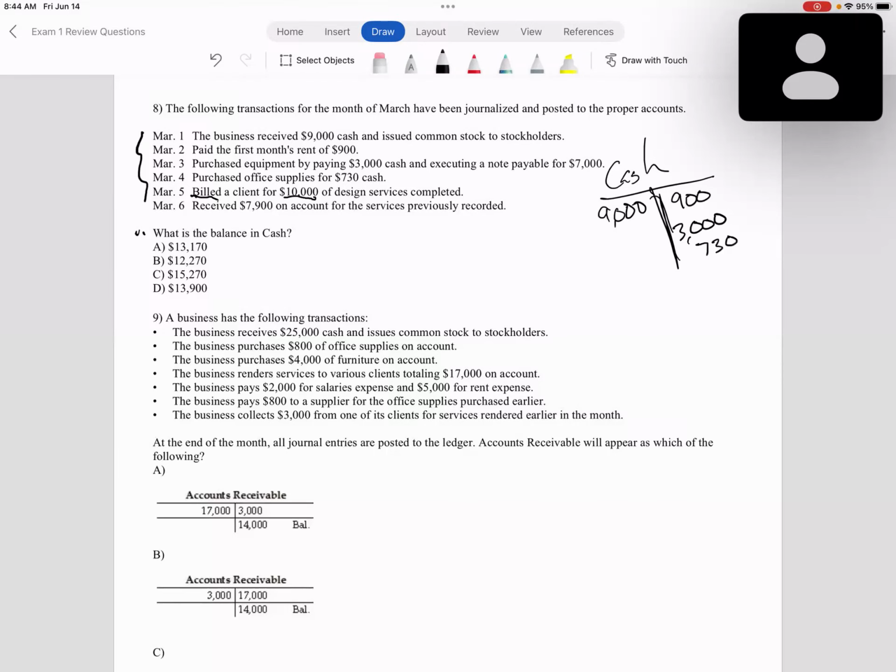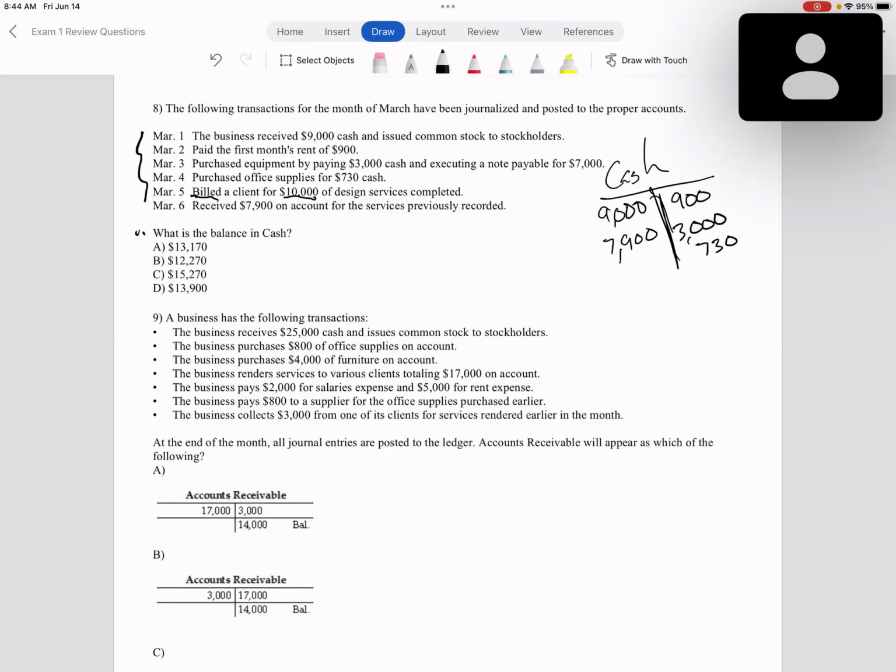The key here is don't get ahead of yourself. Just because we billed them doesn't mean they actually paid us, so don't do anything there. That doesn't impact cash. And then received $7,900 on account. There we received cash, so that's going to increase our cash.